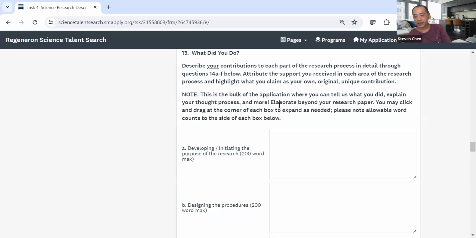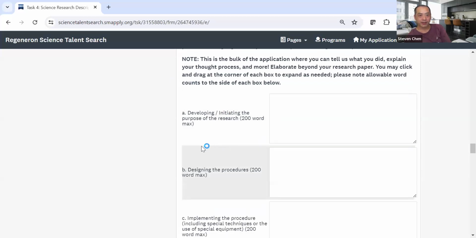So you say, my research report is based on a paper collaborated on with 3 other people. So I need to use this place to clearly and explicitly explain what I did. For instance here, who developed the research problem, who initiated, and who designed the procedure.